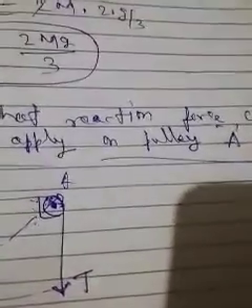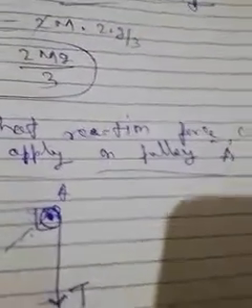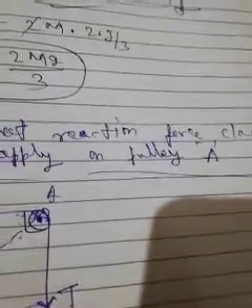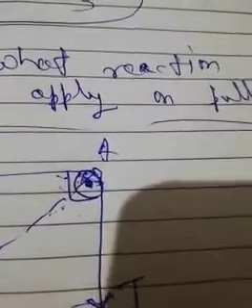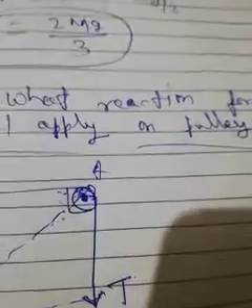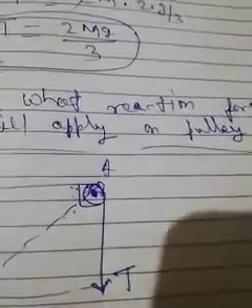So what we see, these two could be given with the help of parallelogram law of vector addition, and we can find out finally the value.